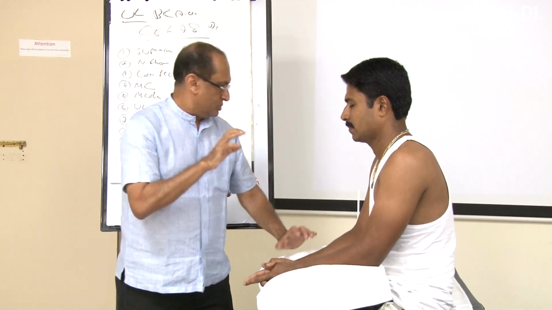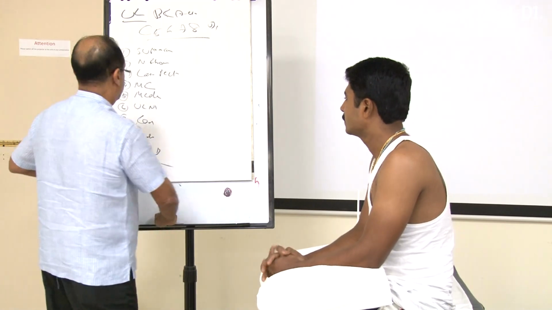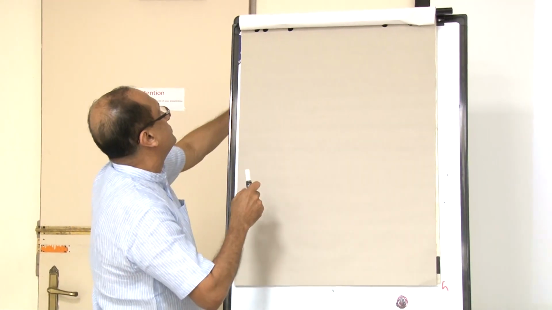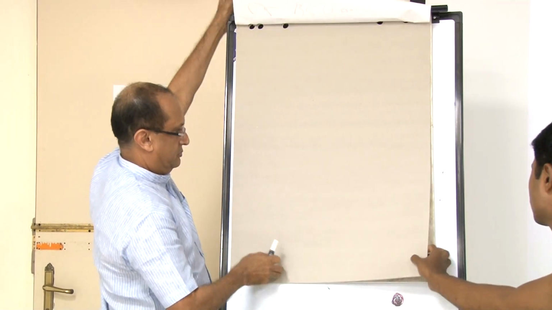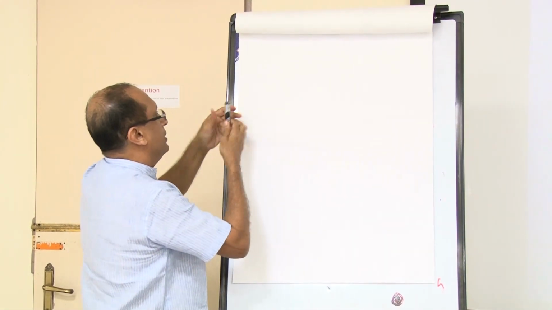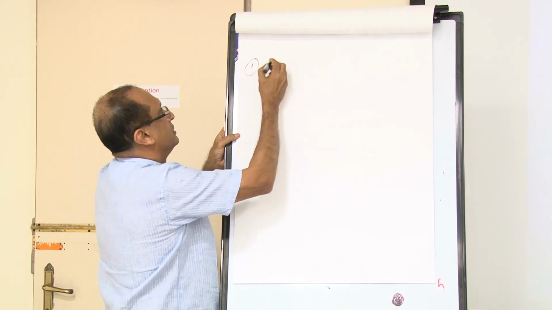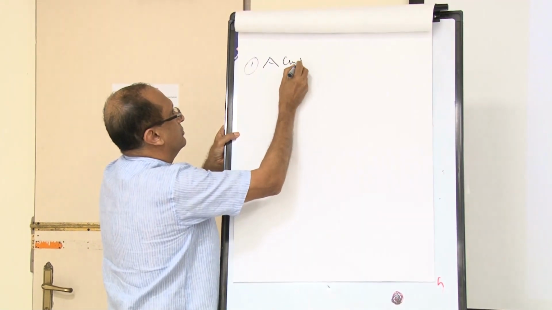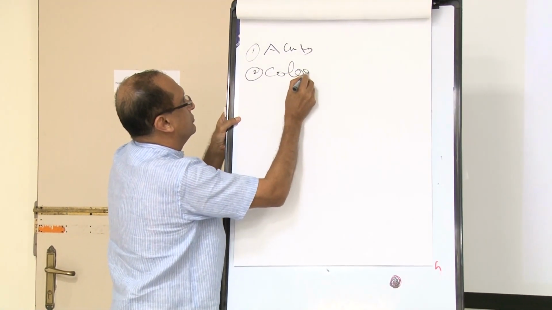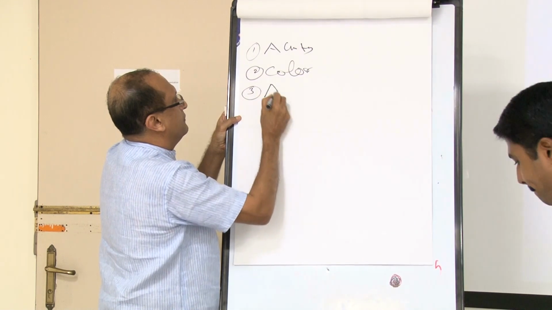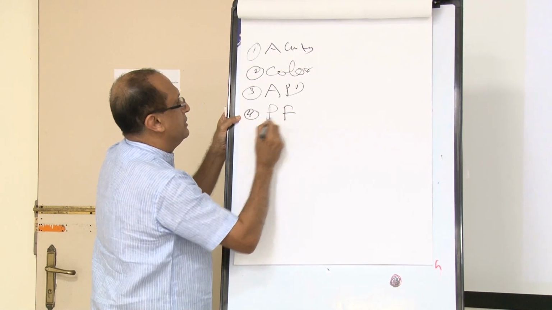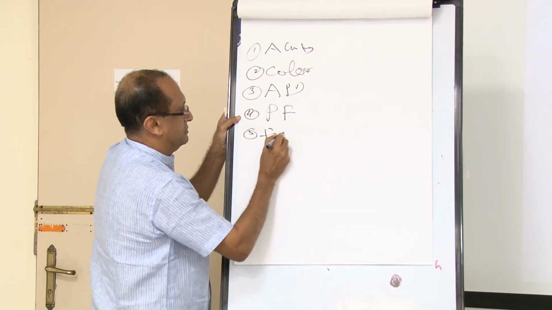There are 5 components to be tested when you are asked to do the optic nerve examination. 1 is the acuity of vision, 2 the color vision, 3 the afferent pupillary defect, 4 the peripheral field, and 5 the fundus.